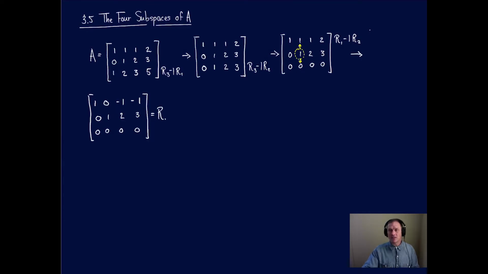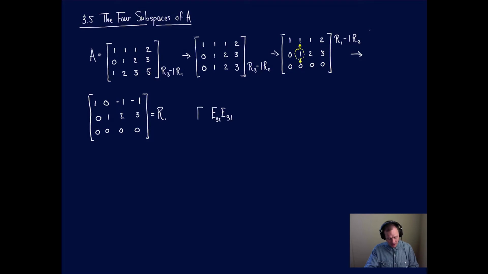Now, before we continue much further, I would like to find the matrix E. The matrix E encodes all of our row operations. We'll write them in reverse. Well, you know what? We'll remember what they were. The first one was E31. And then our next row operation was E32.